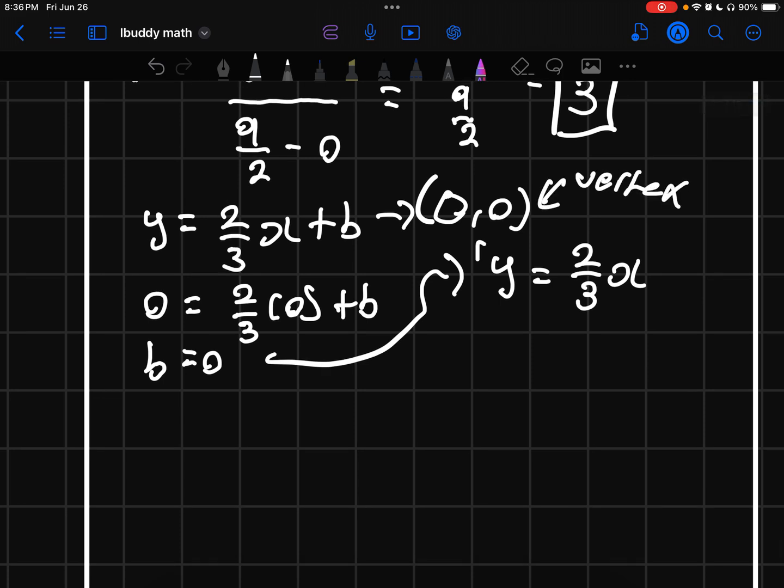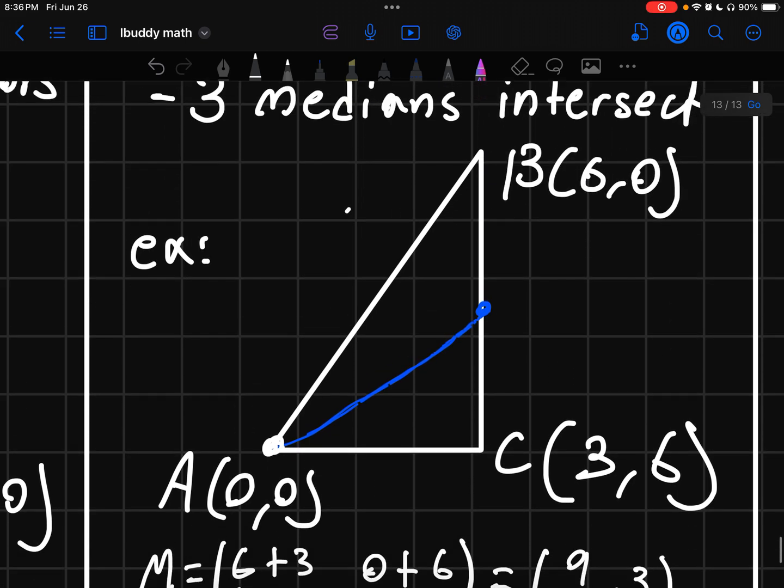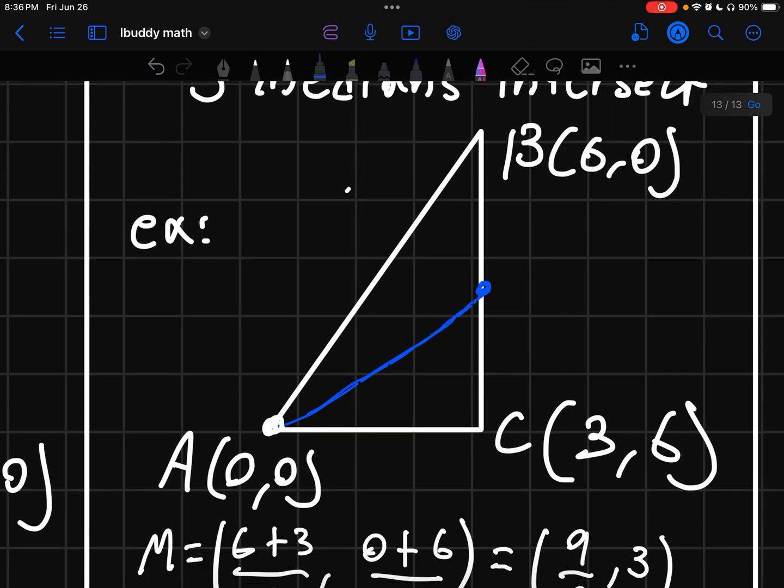So now we have the first equation. Now we have to set up a second one. So we have to find the midpoint of another side. Here we can do it for AC.